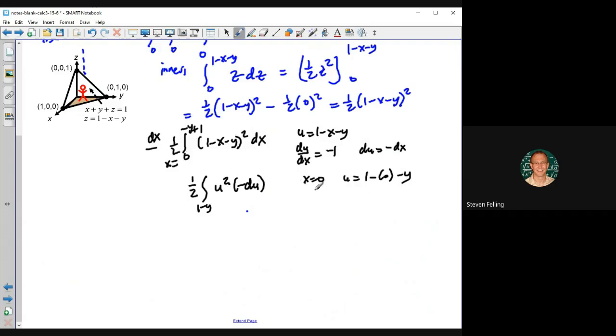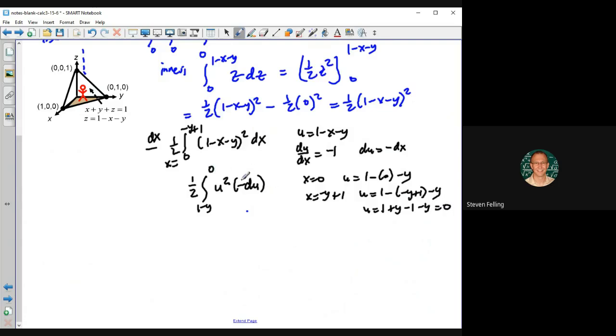And then when x is negative y plus 1, I can plug that in over here. It's going to be 1 minus, and for x, I'm plugging in negative y plus 1, minus y. That's going to end up being 1 plus y minus 1 minus y, which is just 0. So this is going to be 0, right?